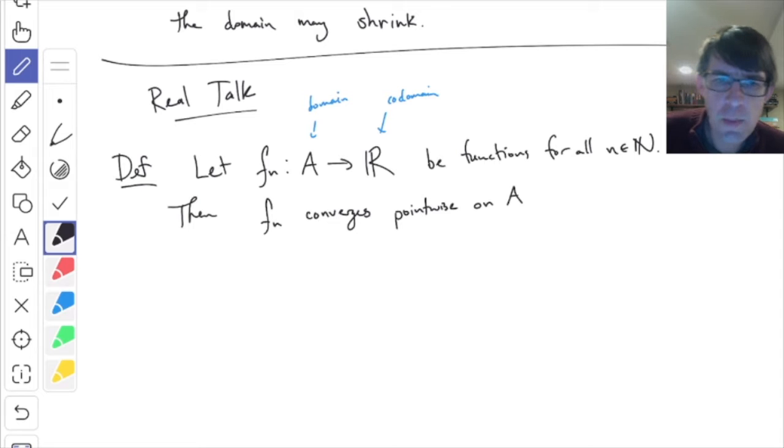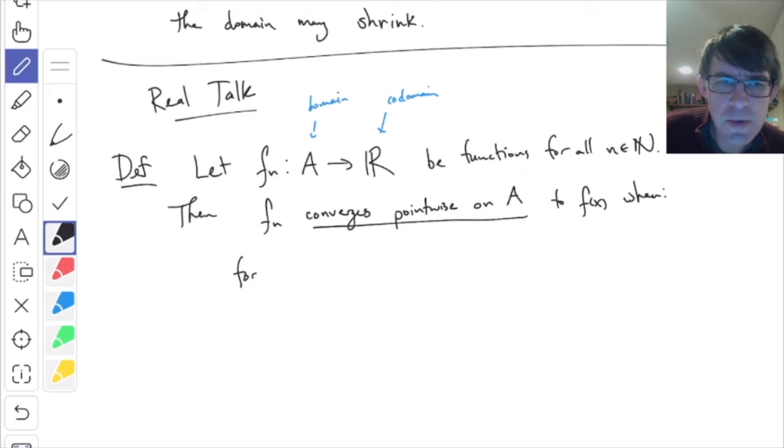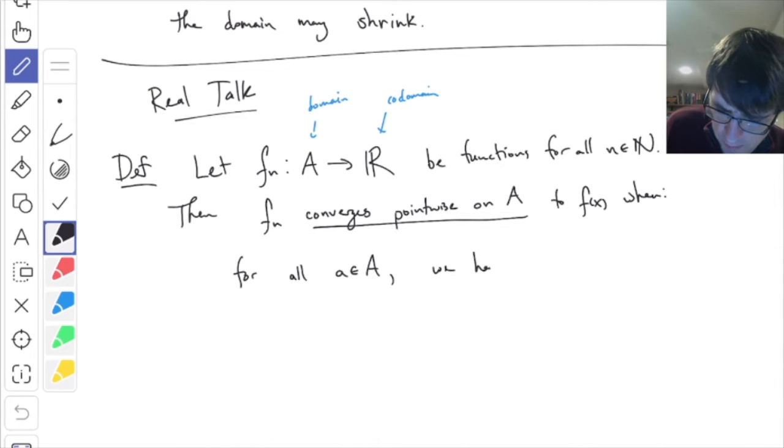It converges pointwise on A to some other function f of x when, and we don't even need the epsilons or anything here, it's easy enough to just say for all a in the set A, we have Fn of a converges to f of a.